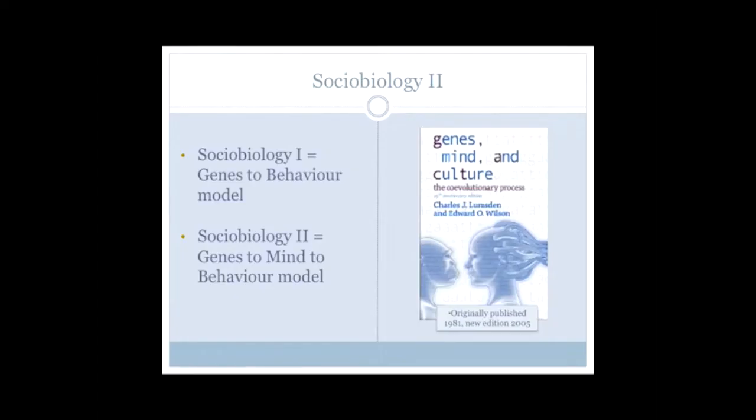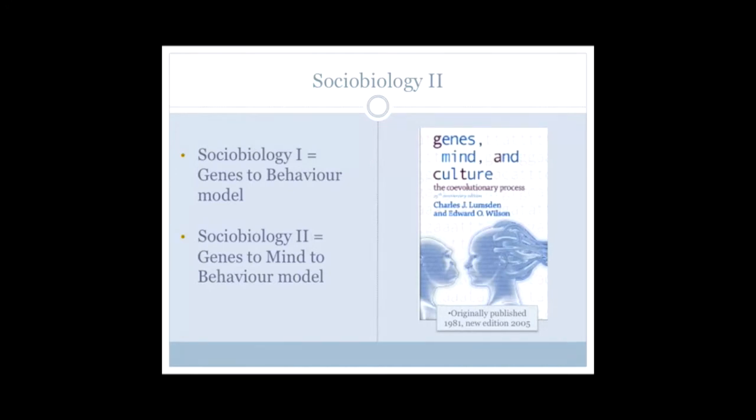So after sociobiology, Edward Wilson had another trick up his sleeve, and that trick was the book Genes, Mind and Culture. We can think of sociobiology as being divided into two different phases. In the first phase, represented by Wilson's book Sociobiology, we see a genes to behaviour model.